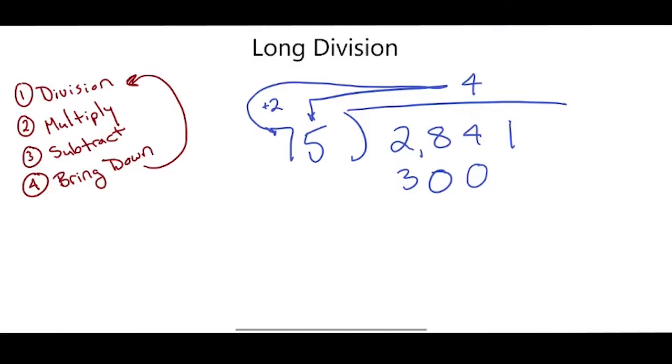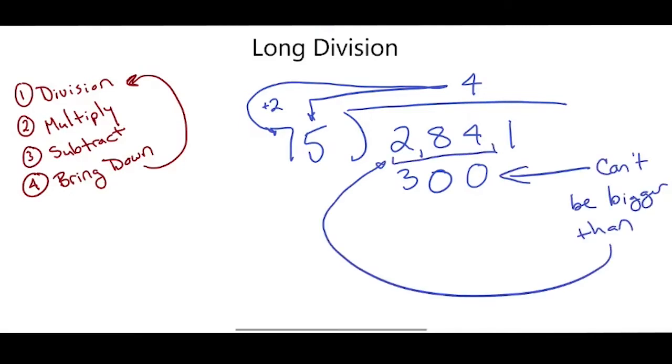Well, we have a problem because this number here can't be bigger than the number above it. Okay? So if you get in a situation where the number that you get when you multiply is bigger than this number here over it, that means that this number here is too big. So 4 is too big.